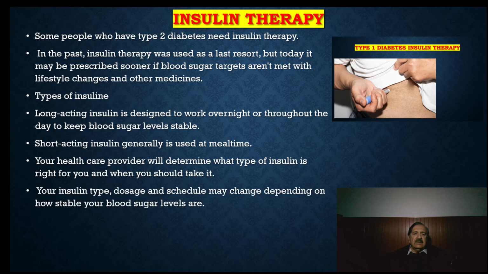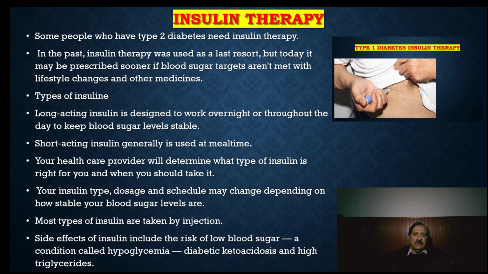Your insulin type, dosage, and schedule may change depending on how stable your blood sugar levels are. Most types of insulin are taken by injection. Side effects of insulin include the risk of low blood sugar, a condition called hypoglycemia, diabetic ketoacidosis, and high triglycerides.